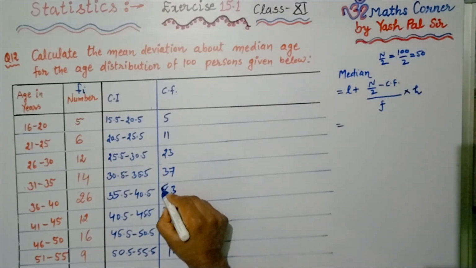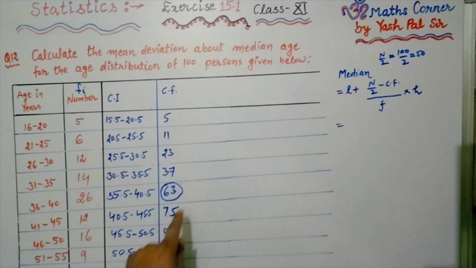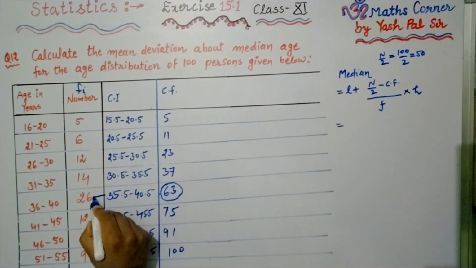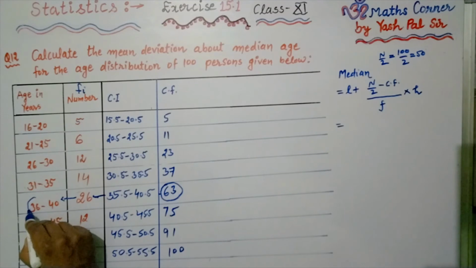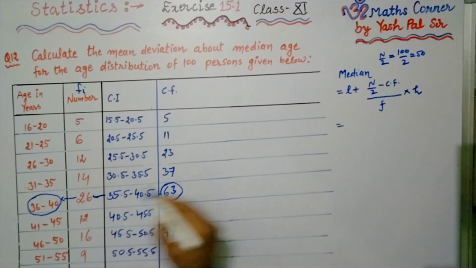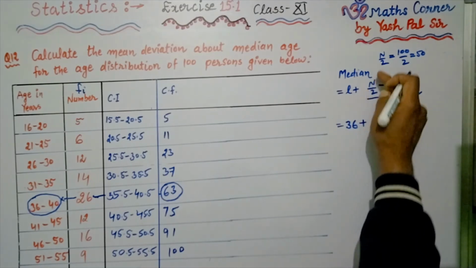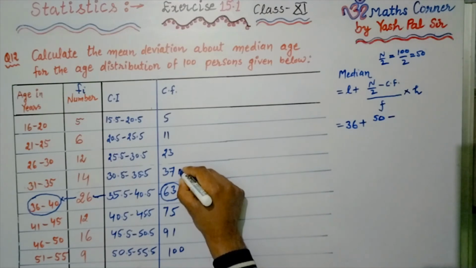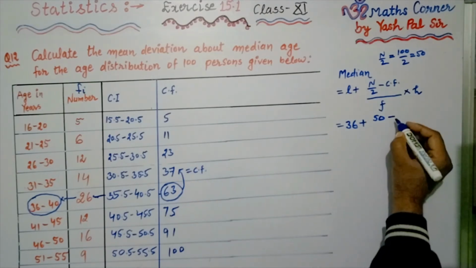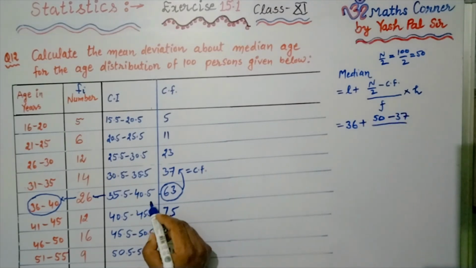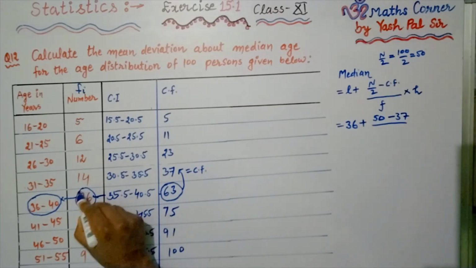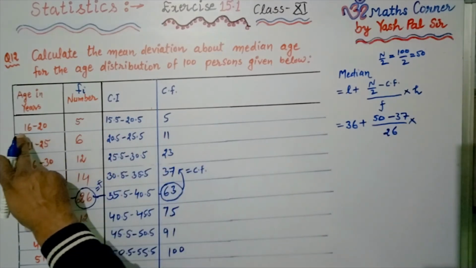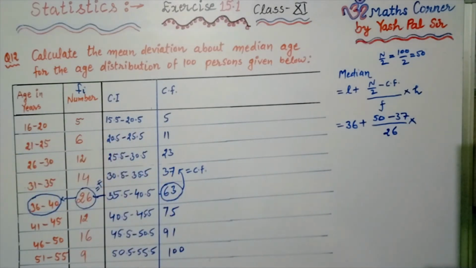So 50 falls in the cumulative frequency 63, so this class gives us the lower limit 36 as L. Plus n by 2, which we already solved, 50, minus cumulative frequency 37, divided by frequency 26, into h, which is 20.5 minus 15.5, 5.